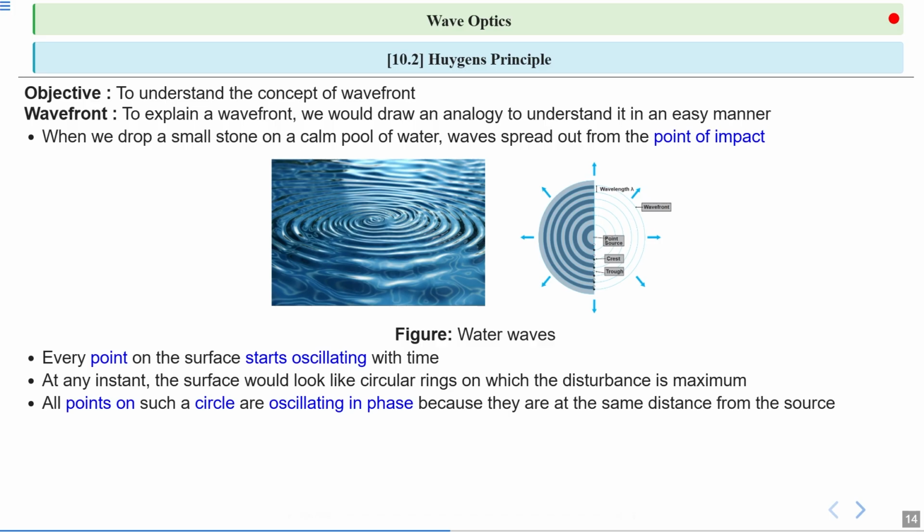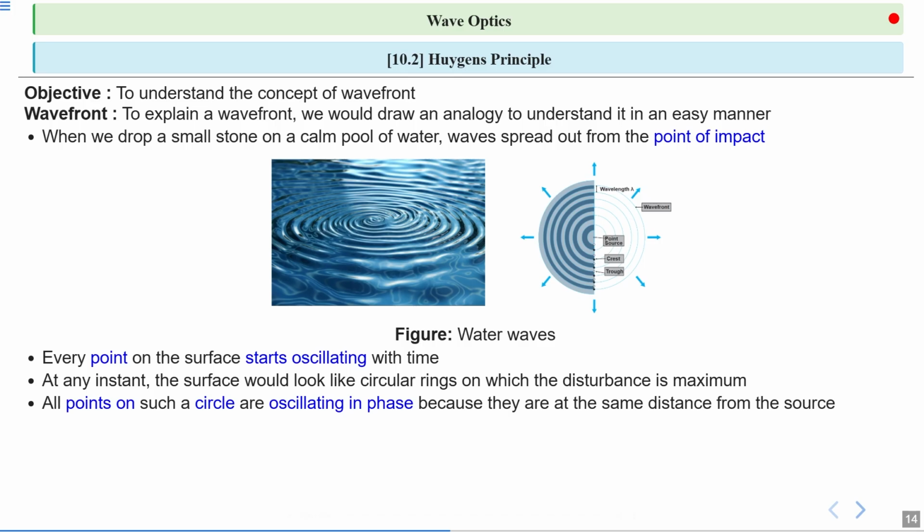So all points on these circular rings are oscillating in phase. This means they move together, reaching their peaks and troughs simultaneously because they are equidistant from the source. This in-phase movement is a defining characteristic of a wavefront. Water waves are in the form of circular ripples.